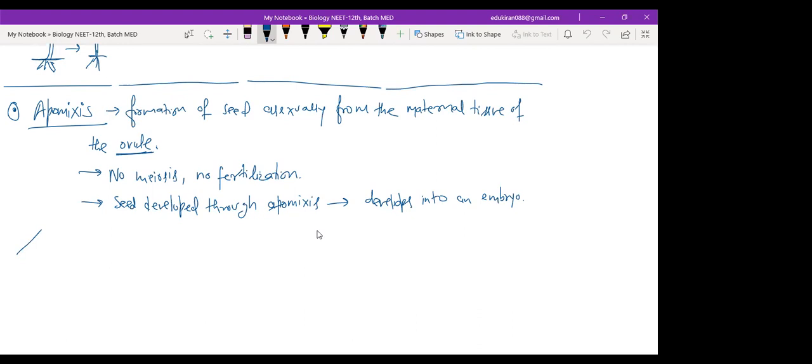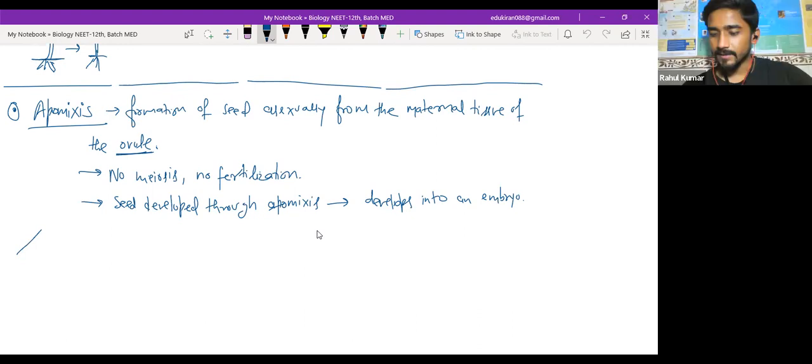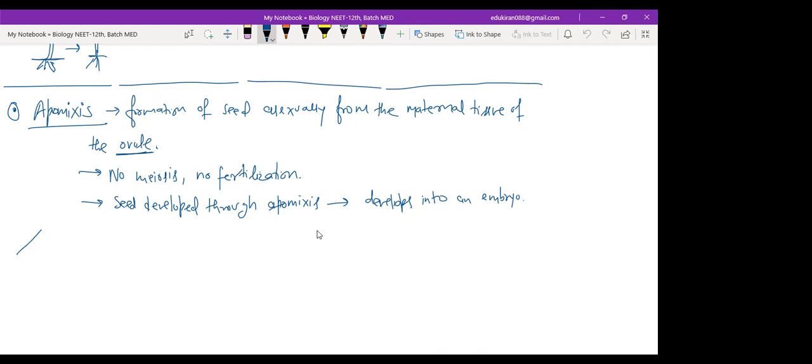No wastage of energy? But aren't you wasting energy? You are doing everything that, in the right context, would have been sexual reproduction and produced a sexually reproduced embryo. But here you are making an asexually reproduced embryo. You are making a seed, you are making an embryo.